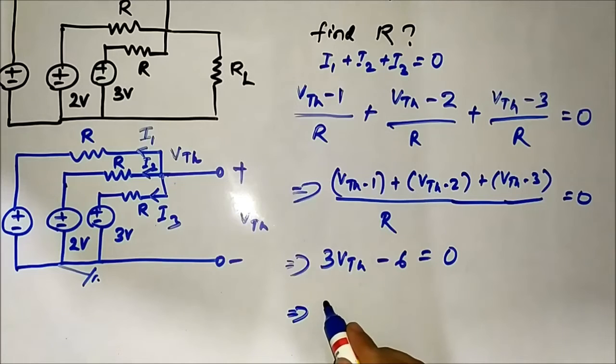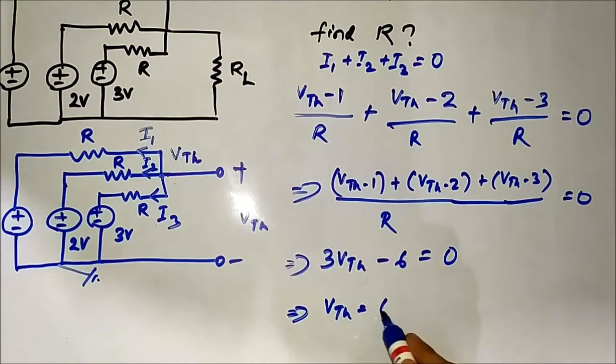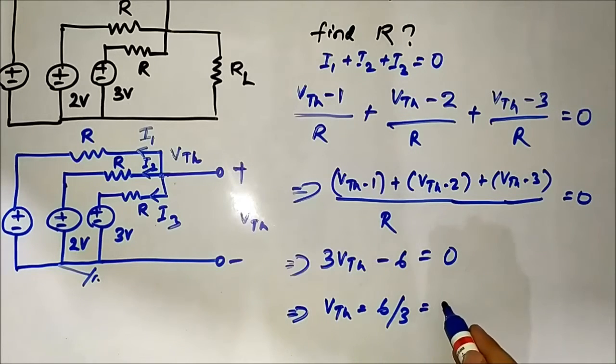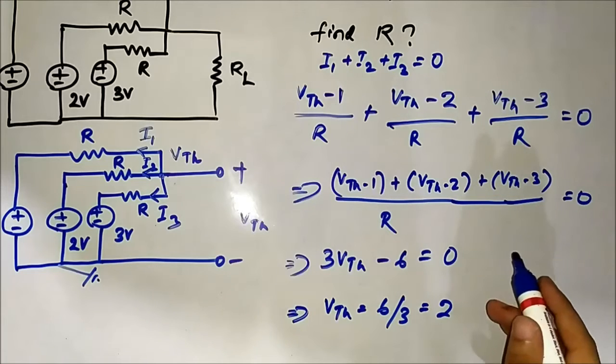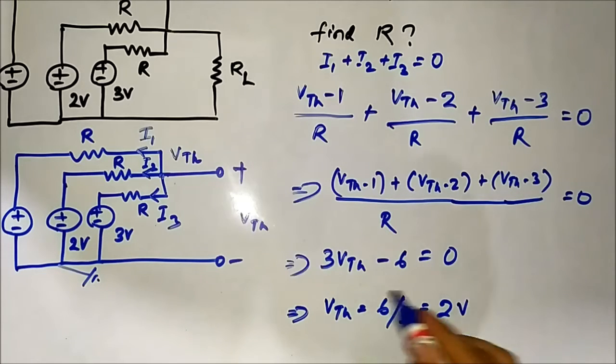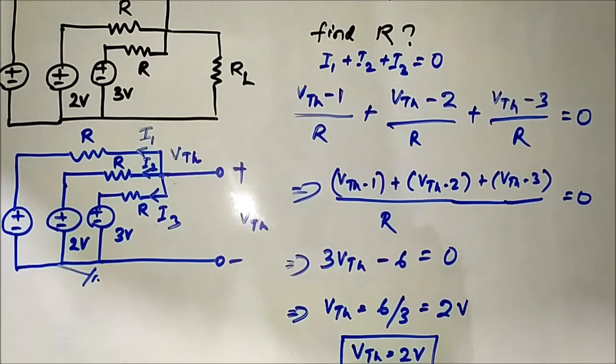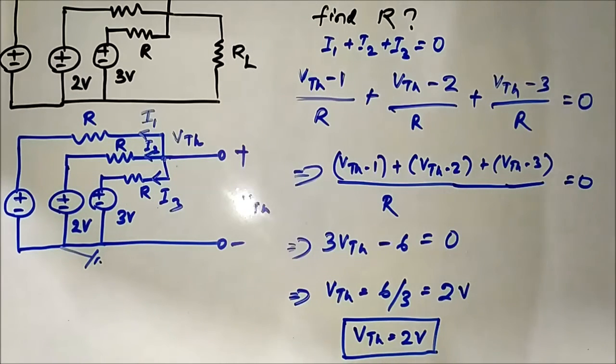That implies VTH is equal to 6 by 3, which is equal to 2 volt. VTH is equal to 2 volt. So we have got VTH. Now we have to find RTH.